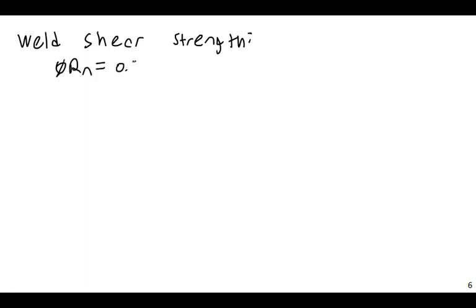Okay, so let's consider the weld shear strength. We'll look at the formula here, and then we'll discuss it. Weld shear strength, phi Rn, is going to be equal to 0.75 times... and let me indicate that this is per inch.